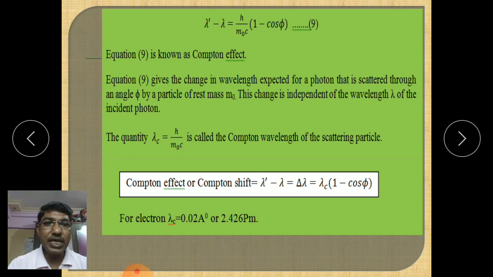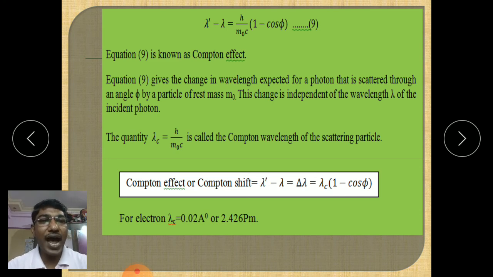This change in wavelength depends on the angle phi, because lambda c, the Compton wavelength, is constant, being dependent on the constant value h upon m0 c. This Compton shift depends only on the angle phi. Suppose phi is 0, what happens? cos 0 is 1. Therefore lambda dash minus lambda is equal to lambda c, which is 0.02 angstrom.